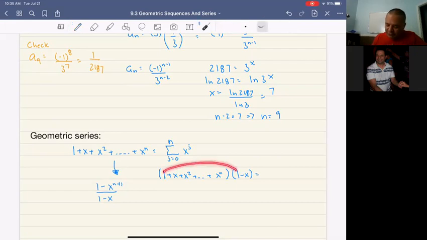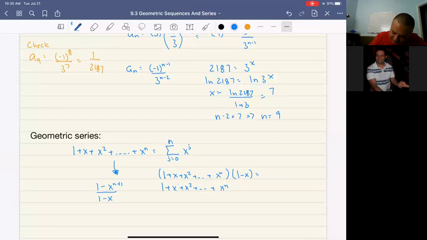So if I do that, first terms, when I multiply everything by 1, it's just going to give me that sum. Second, when I subtract, I'm going to multiply all of these by an x.